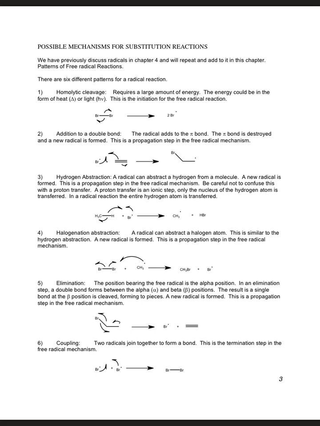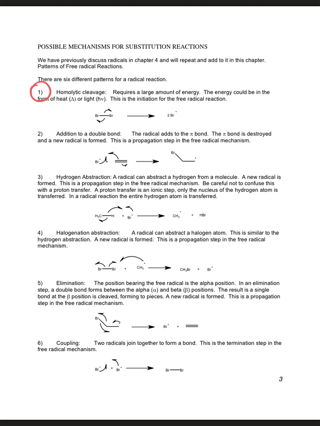Now, we have in the past talked about the possible mechanisms for a free radical process and the different steps of it, and we've done this already, so we won't talk through these again. If you need to look at these, look back at the videos for the free radical reaction. Okay, they're all written out here. We have the initiation.